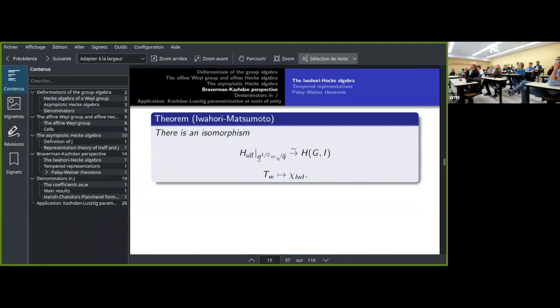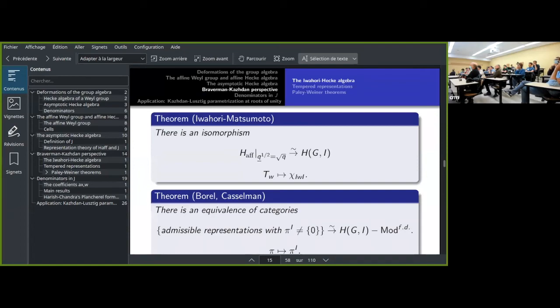It's a classical theorem of Iwahori and Matsumoto that this is just the specialization of the affine Hecke algebra when the formal variable underlying Q^(1/2) is the square root of the prime power that's the size of the residue field. And the isomorphism just sends one of these standard basis elements to the indicator function of the corresponding double coset.